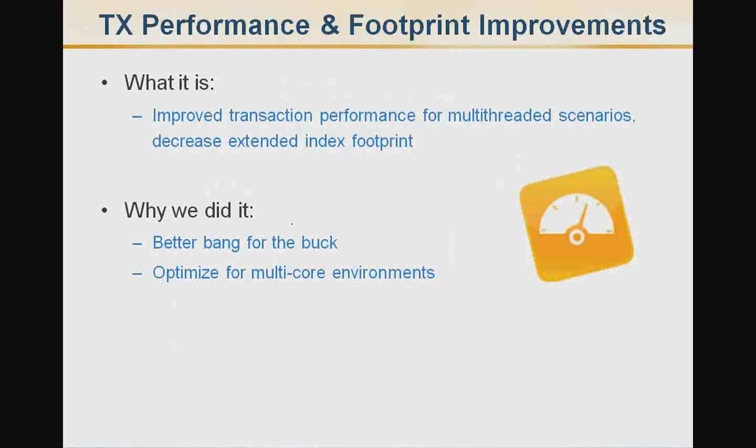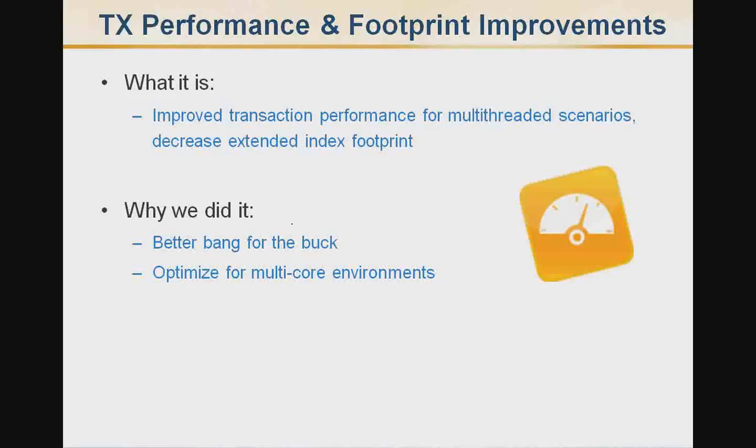All right, a bit about transaction and performance improvements in this release. So in version 7, we focused mainly around read scenarios and our local cache performance. In this release, we have chosen to focus on our transaction concurrency performance, and I'm talking about highly multi-threaded, multi-core scenarios in which you do a lot of transactions, and those transactions update a lot of data.